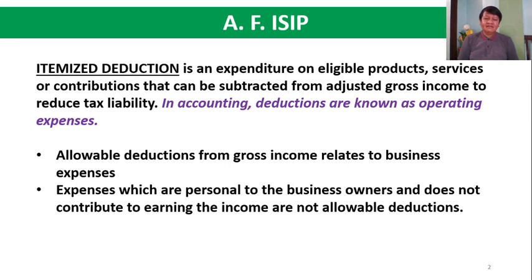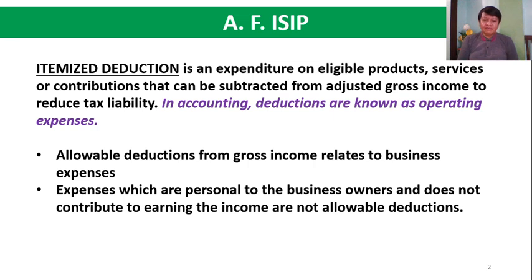Example, me and my family went out for dinner in a restaurant. The amount that we spent in that restaurant dinner with my family is considered my personal expense. I am not supposed to include that expense in my business expenses.